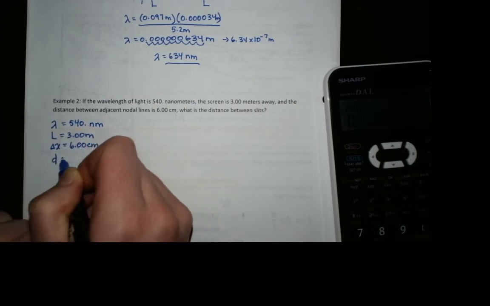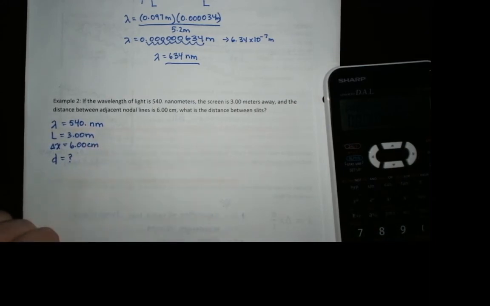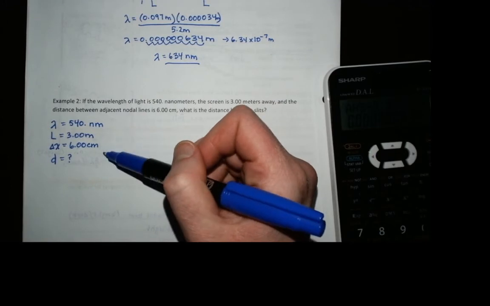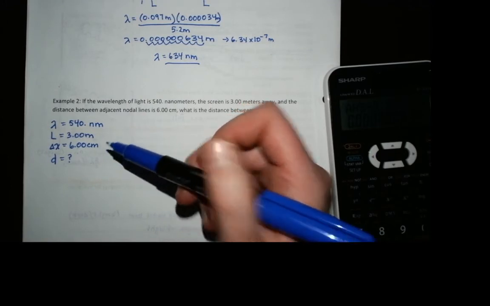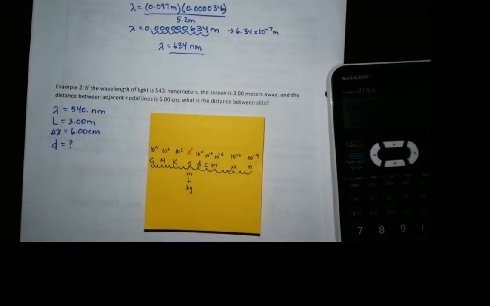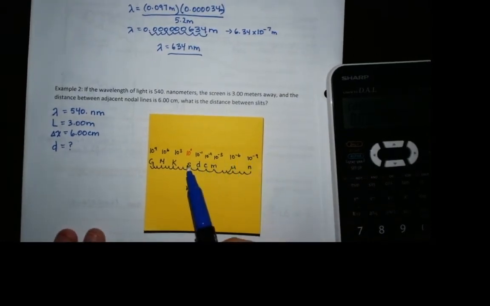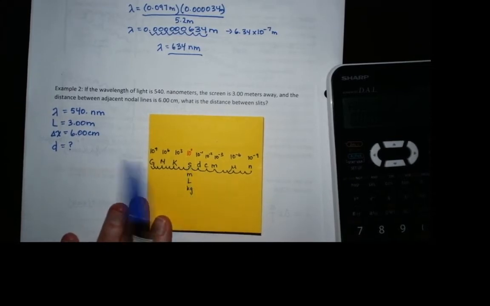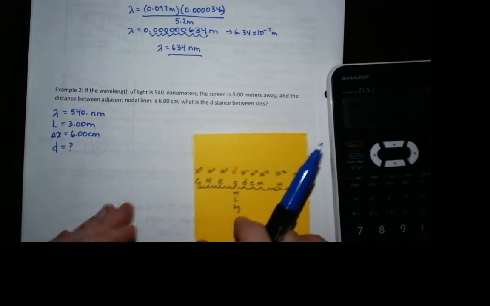We're looking for D, right? So we're going to have to figure out how to get these all into the same unit. So let's do that. We're going from nanometers to meters. We're going from here to the standard. So we can take 540, multiply it by 10 to the power of negative 9.